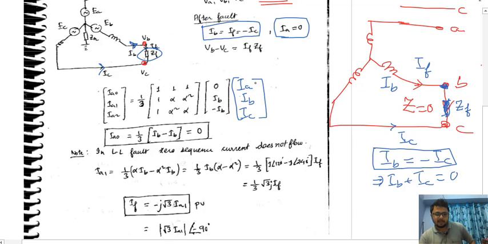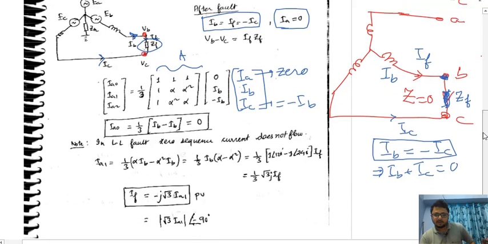Now, IA is 0, IB is IB only, and IC is minus IB. We got this. Is it clear?